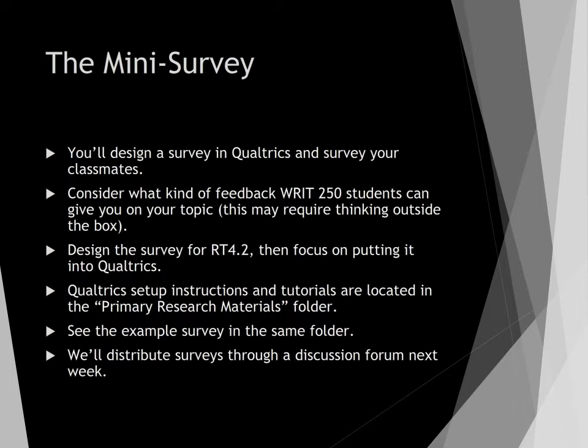You'll be designing your questions as a part of RT 4.2. Since your subject pool is other Writing 250 students, think about what kinds of feedback they can give you on your research project. This might require some thinking outside the box. For example, if your research project is about prisoner recidivism, most of the students in the class are probably not ex-cons.